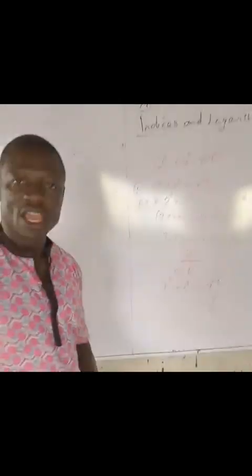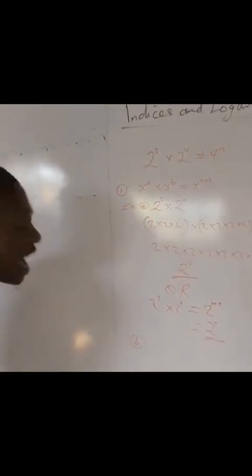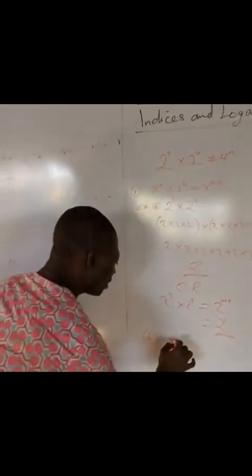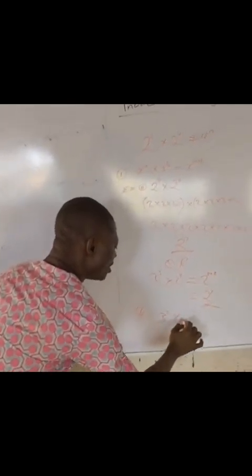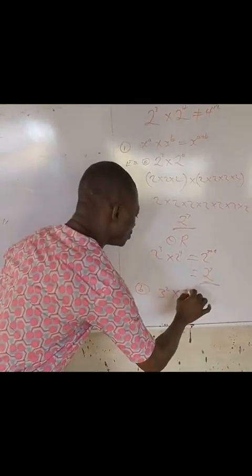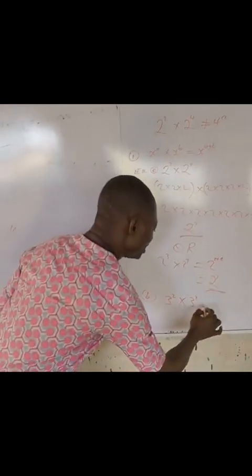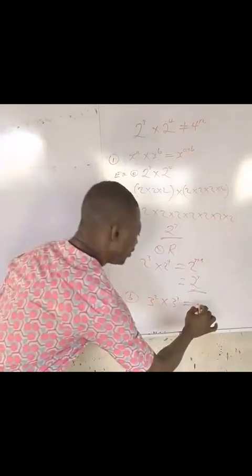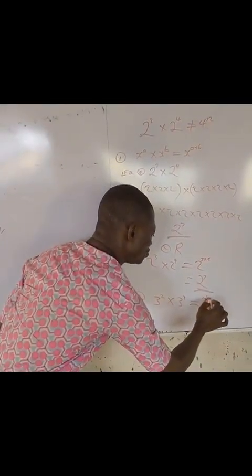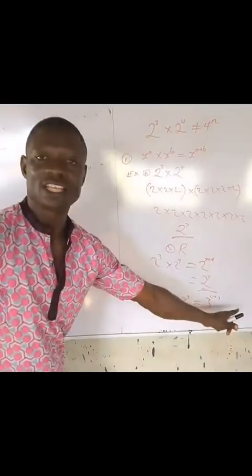Take example number 2, example B. Assuming we have 3 raised to the power 2 times 3 raised to the power 3. The law permits us to say that this is equal to 3, just pick one base, raised to the power 2 plus 3. 2 plus 3 is 5.